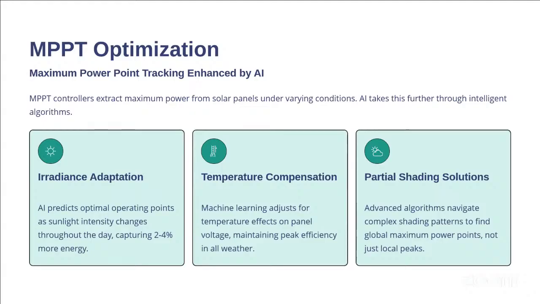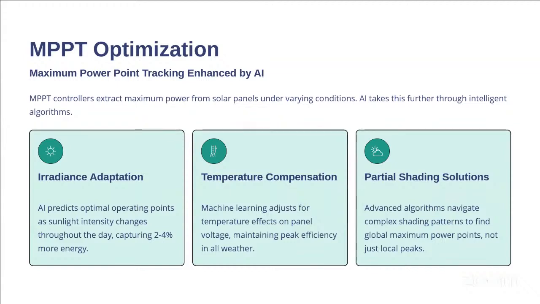Here AI predicts the optimal operating points as sunlight changes throughout the day, from sunrise to sunset. The irradiance will also be varying, so by using these AI techniques, we can predict the operating points for irradiance adaptation.